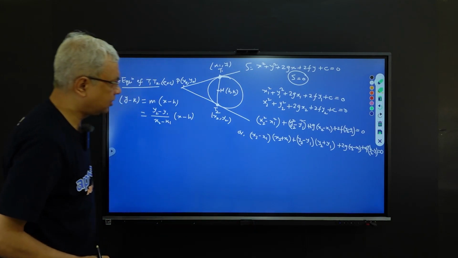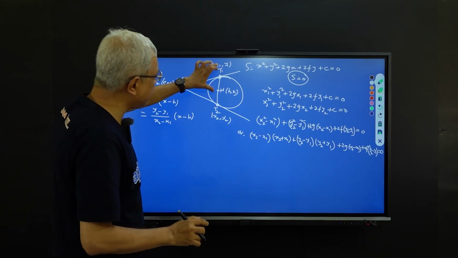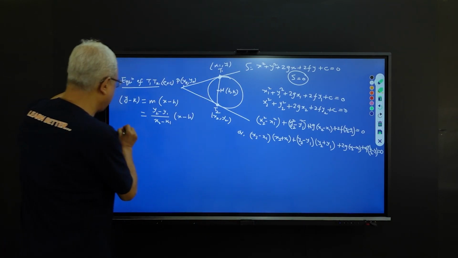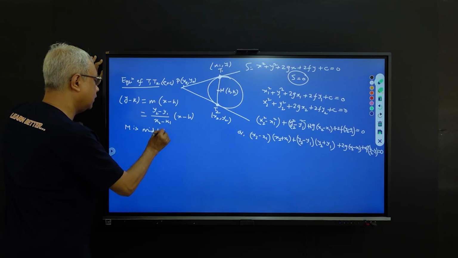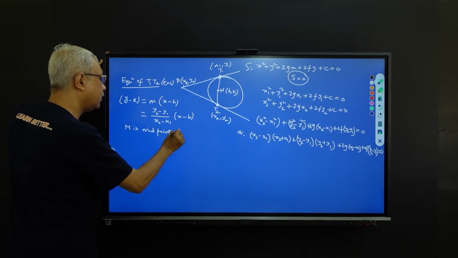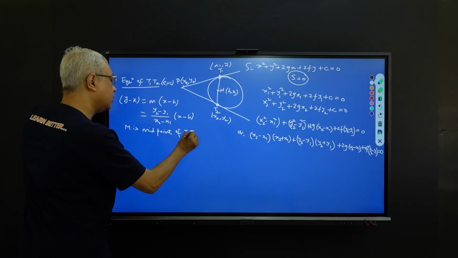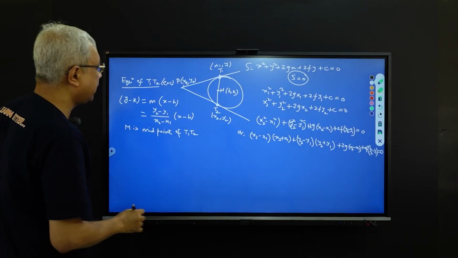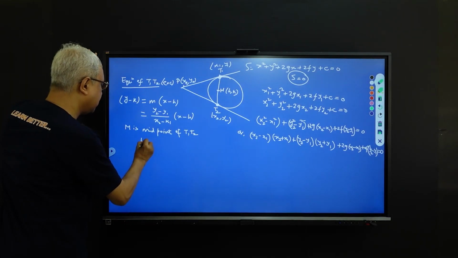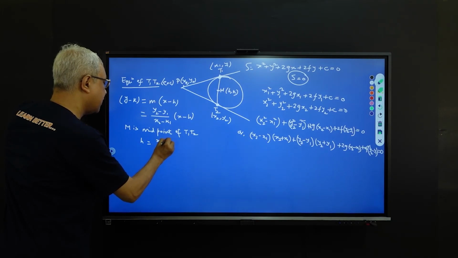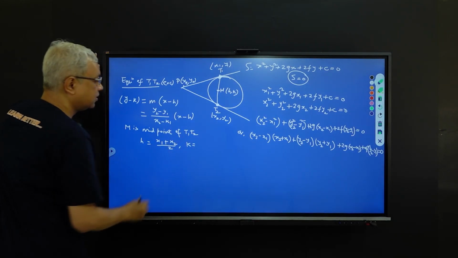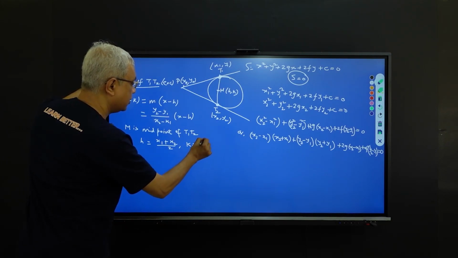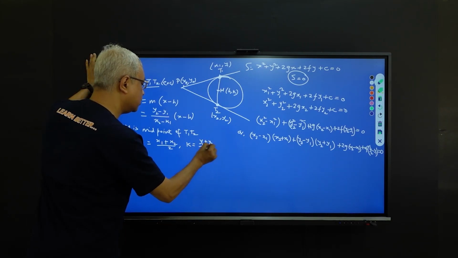But since (h, k) is the midpoint of T1, T2, h is nothing but (x1 plus x2) by 2, and k is nothing but (y1 plus y2) by 2.